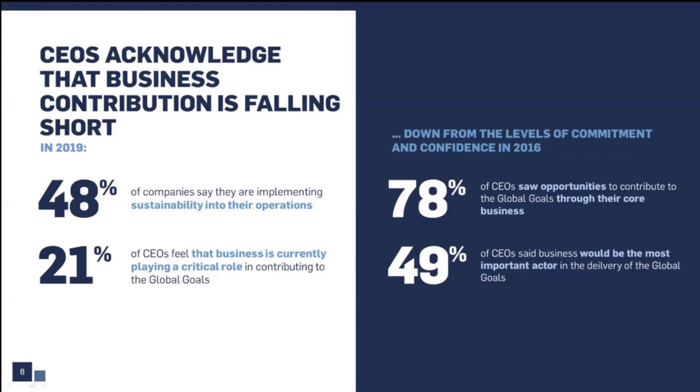Also, almost half of the CEOs said that business would be the most important actor in the delivery of the global goals in 2016. But today, only 21% of CEOs feel that business is currently playing a critical role in contributing to the global goals.